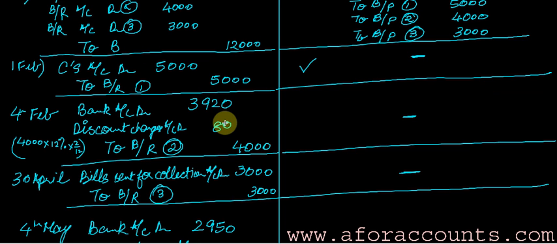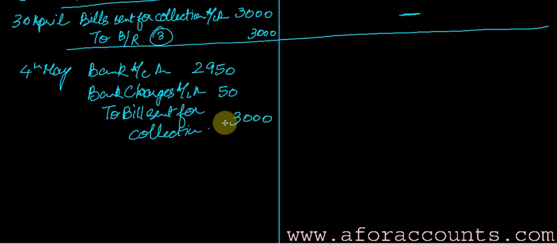Now the bills are met on maturity as mentioned in the question. So the first bill gets matured on 4th of March, 1 month. So on 4th of March, it has been paid. Bills payable to cash. I am paying the bill, so bills payable having a credit balance has to be reversed.